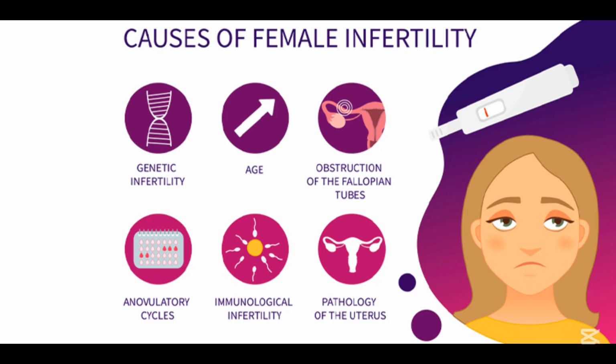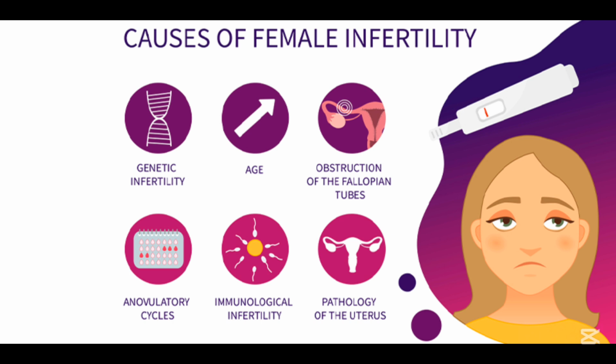Females can also experience tubal factors, which account for 20 to 25% of infertility, where there is tubal blockage due to infections such as PID, surgery, or ectopic pregnancy. Tubal factors can also include endometriosis-related adhesions.